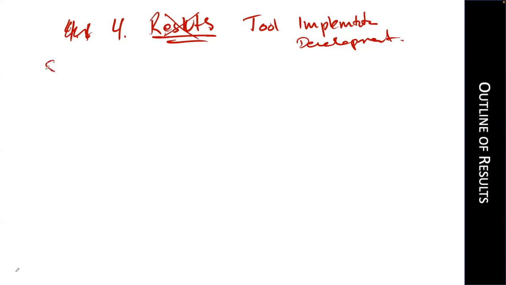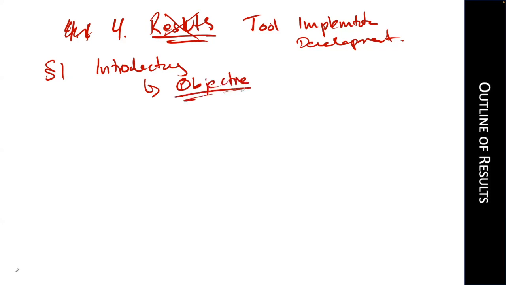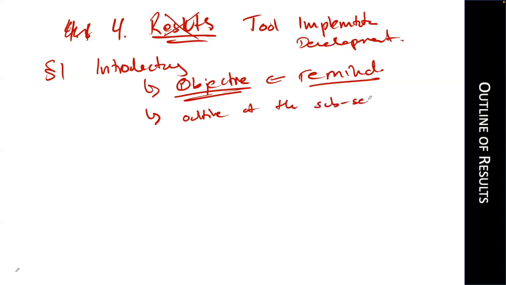So the first paragraph you have here is again this introductory paragraph where you remind the reader of what the objective was. You have this objective in the introduction and in your method section. And then you describe the outline of this subsection, how you have chosen to structure it.